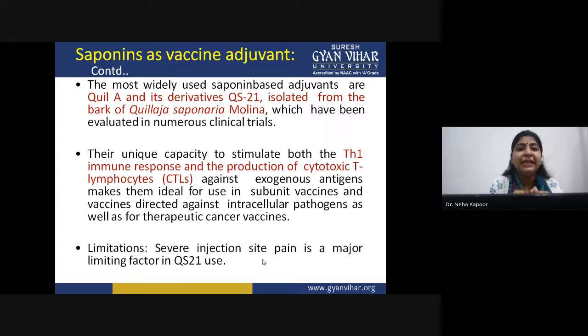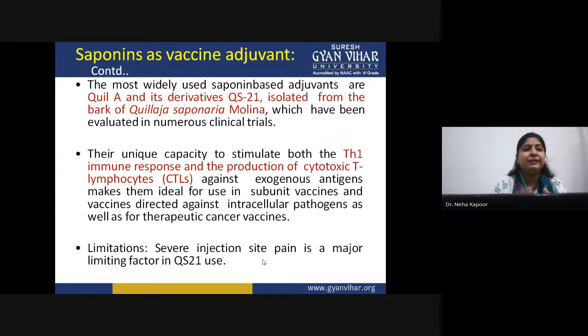Because they have the unique capacity to stimulate both the T helper 1 immune response as well as the production of cytotoxic T lymphocytes. That means it can activate T helper cells, so that it can activate B cells and produce antibody. On the other hand, it can also activate cytotoxic T lymphocytes so that a cytotoxic response can be mounted against the exogenous antigen.